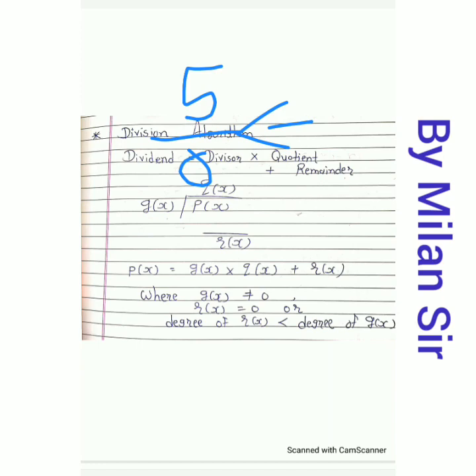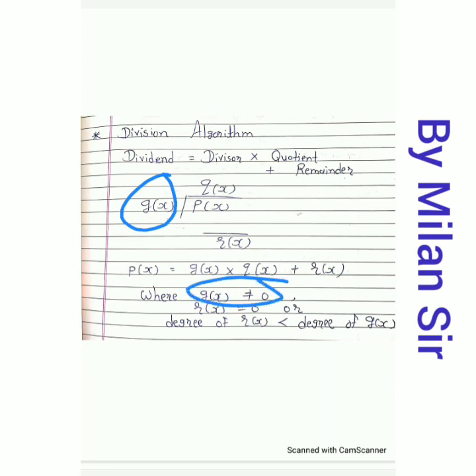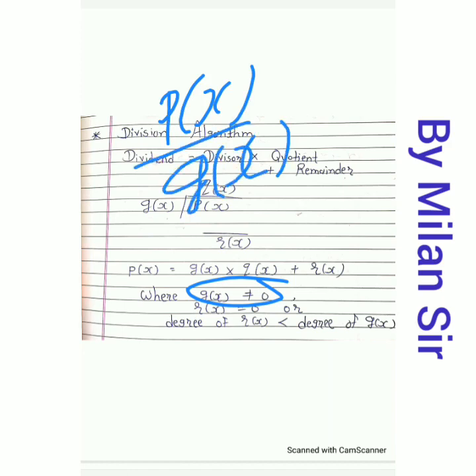In the same way, in division of polynomial by polynomial, the divisor polynomial g of x cannot be 0, because we can write p of x divided by g of x. So g of x is not equal to 0.